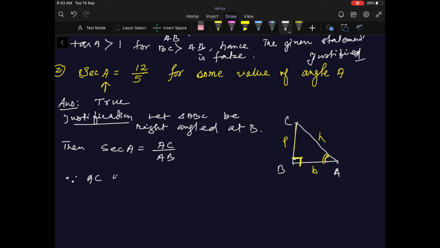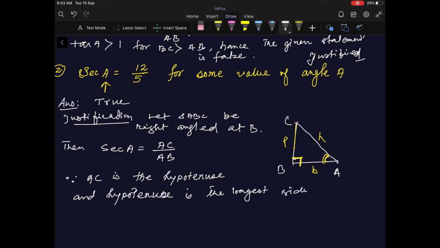Since AC is the hypotenuse, and hypotenuse is the longest side of a right triangle, hence AC by AB is equal to 12 by 5 is possible.